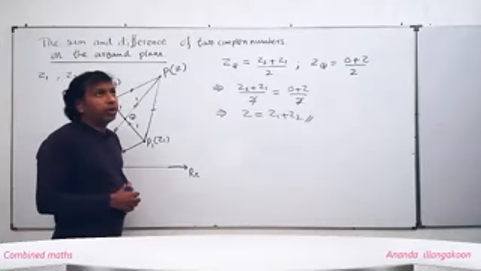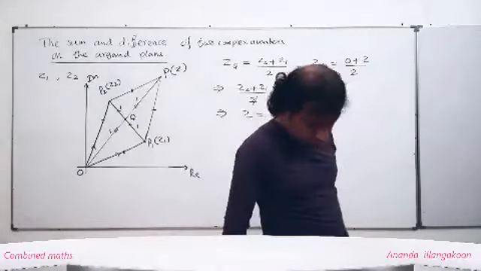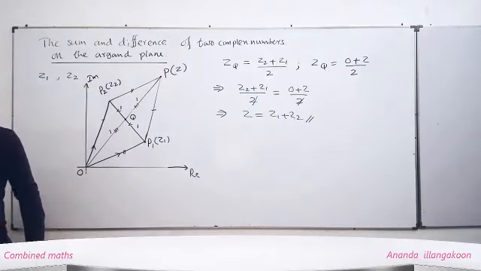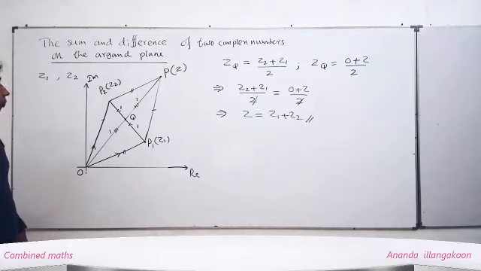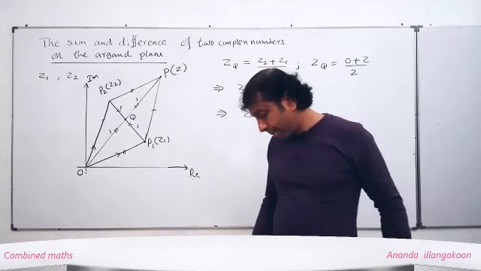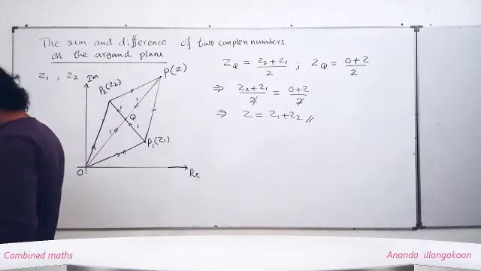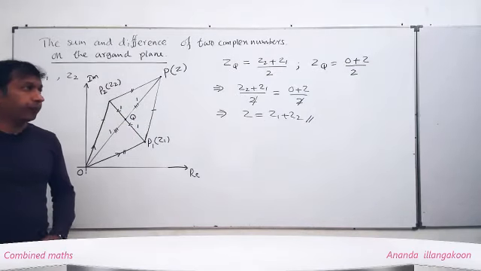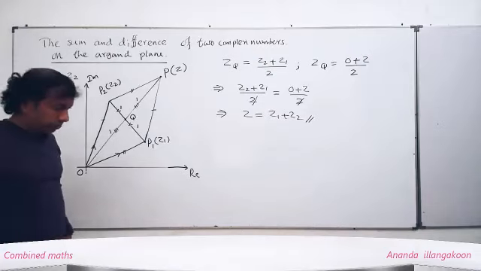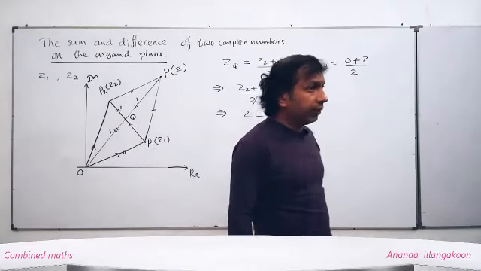Write down like this. Let the complex numbers Z1 and Z2 be represented by the points P1 and P2 respectively in the Argand plane.